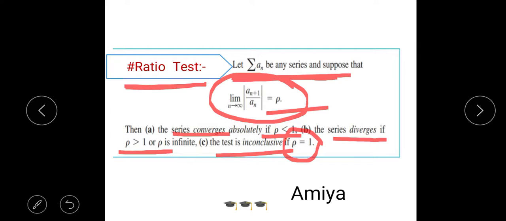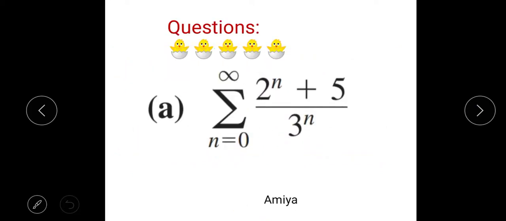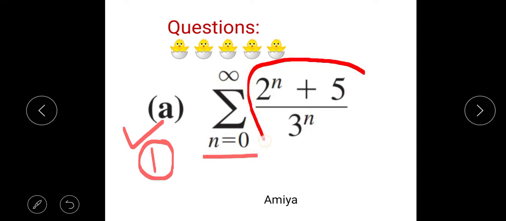Let us see some questions on this. This is question number 1. Here you see the series given, summation n equals 0 to infinity, 2 raised to n plus 5 upon 3 raised to n.